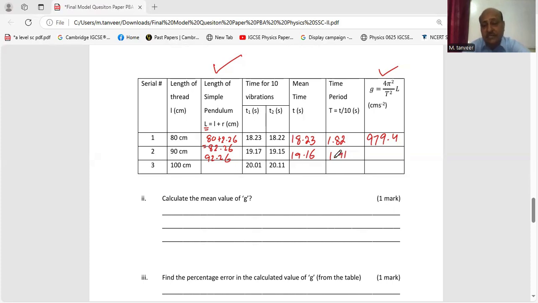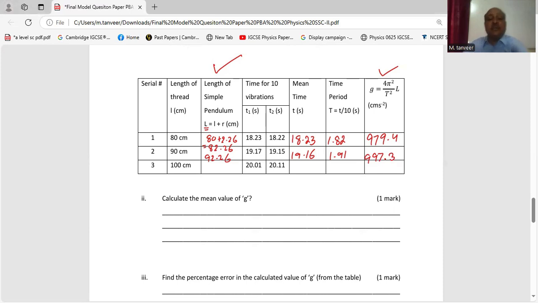Capital T is 1.91, 1.91 square. We will take the square and it will be equal to 997.3. This is your second value.